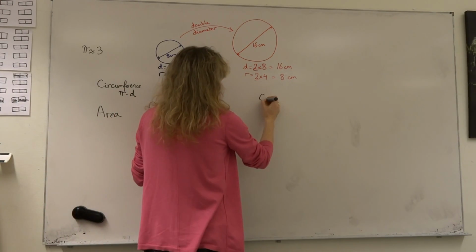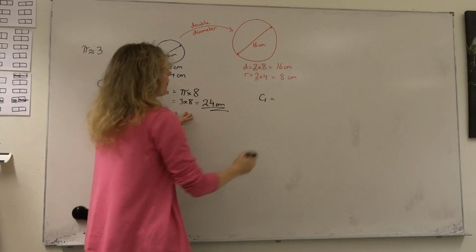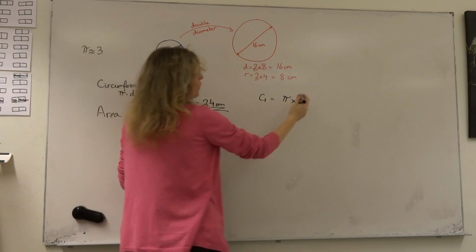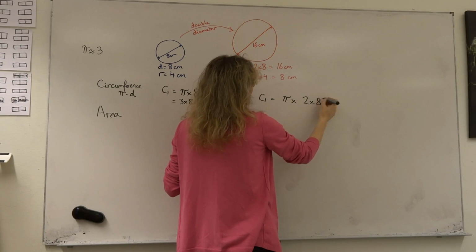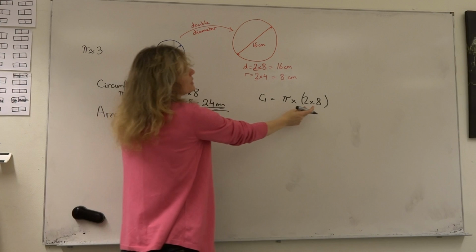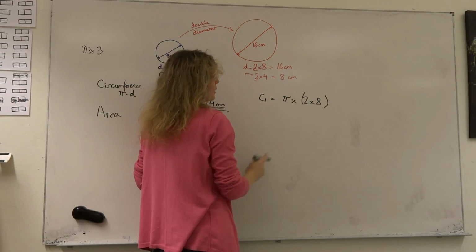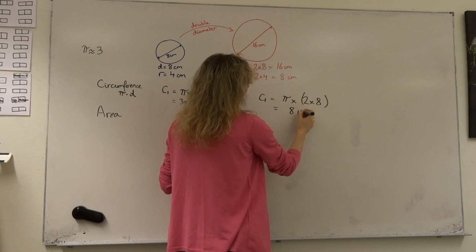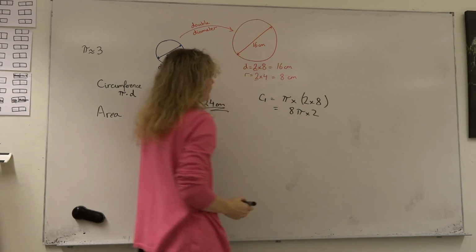The circumference of circle 2 is pi times the diameter of circle 2, which, let's keep it as 2 times 8 here. So we actually see what's happening with this double dimension, the multiply by 2. Well, that would be the same as 8 pi times 2.